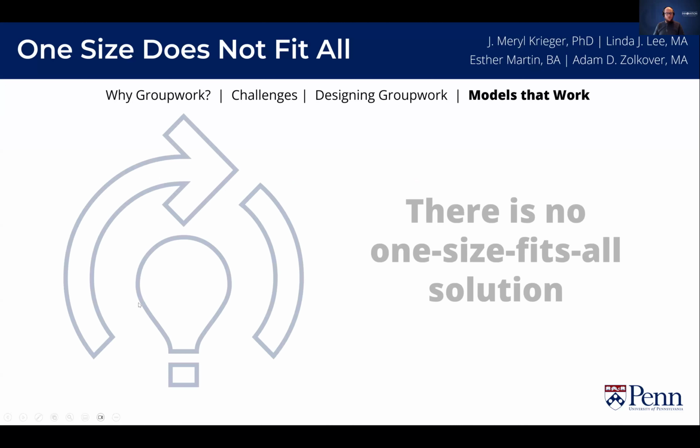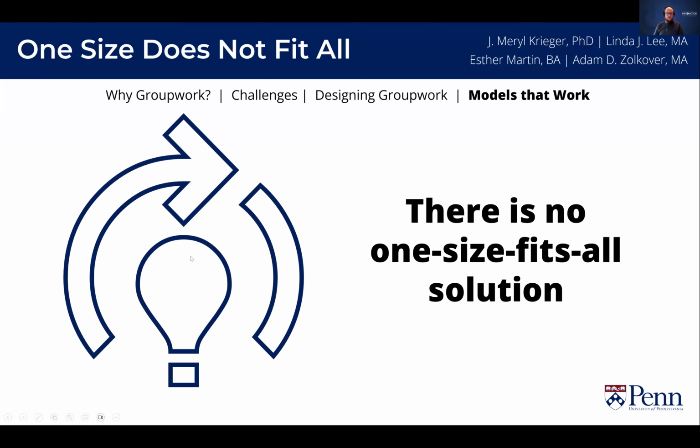So what we hope to show here is that successful group work is highly contextually dependent. The factors that we discussed earlier in the presentation, the challenges and needs of students, instructors, and the institution will influence the specific approach to group work that you adopt in courses. And as we've done in the last few slides, we can offer a framework for being intentional about that approach.